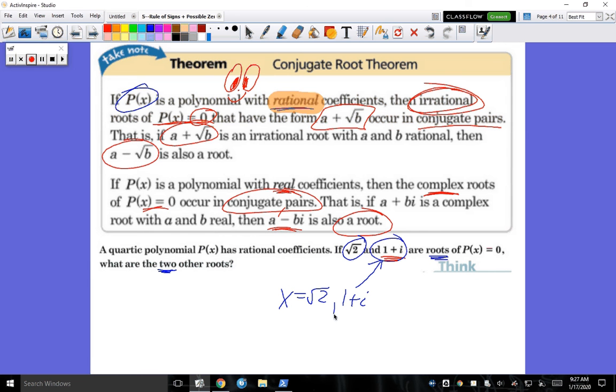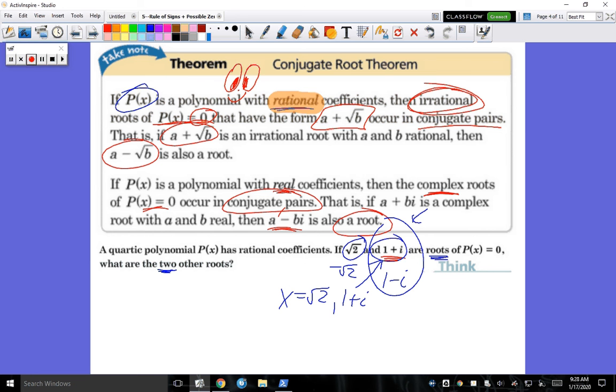A negative root 2 and a 1 minus i. These are solutions. These are possible x-intercepts, as long as they're not imaginary. These are zeros of the function, as long as they're not imaginary.